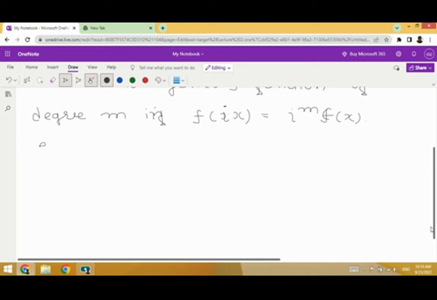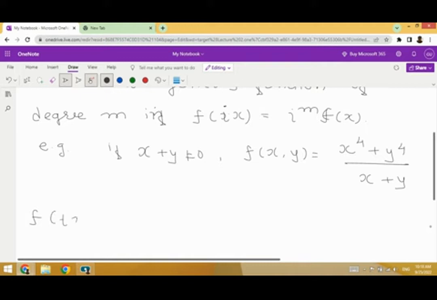If x plus y is non-zero, f of x, y is equal to x raised to 4 plus y raised to 4 divided by x plus y. First of all, here we consider f of tx and ty, replacing x by tx and y by ty in the function f of x, y.